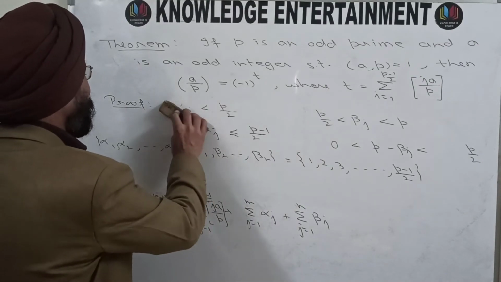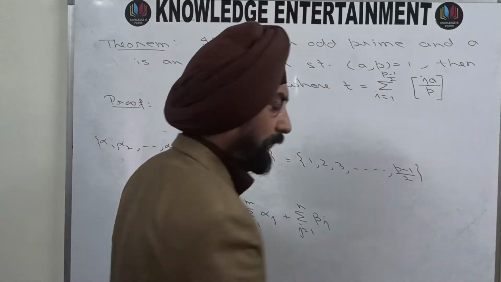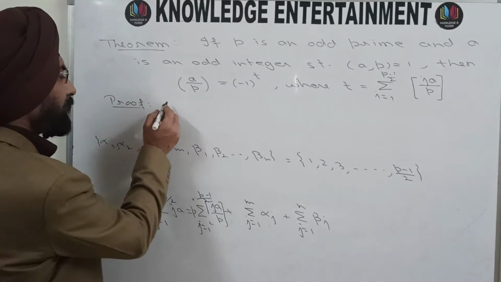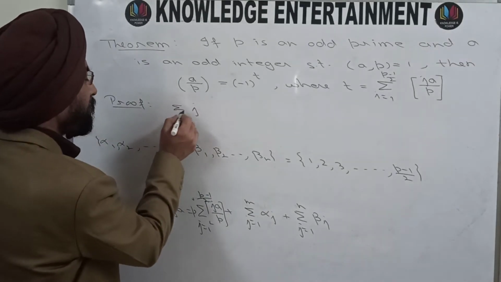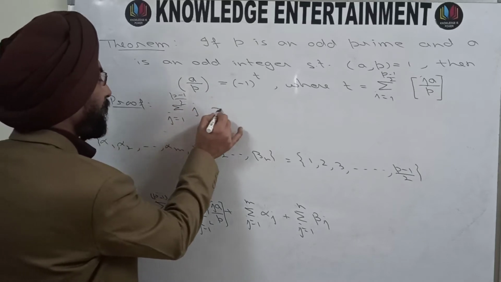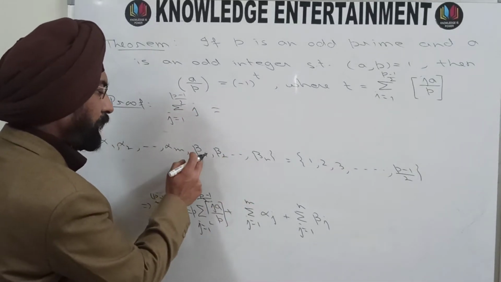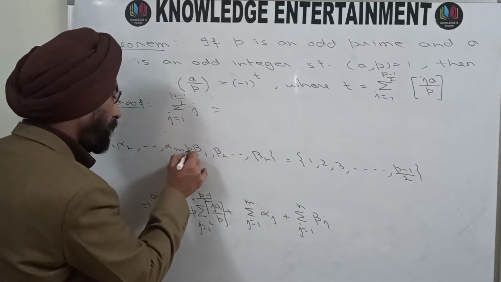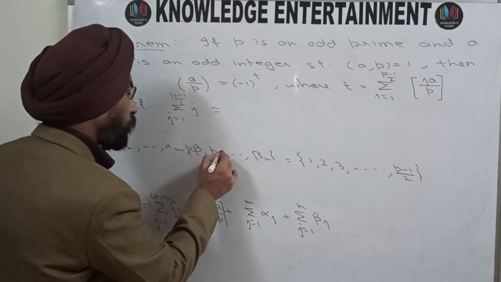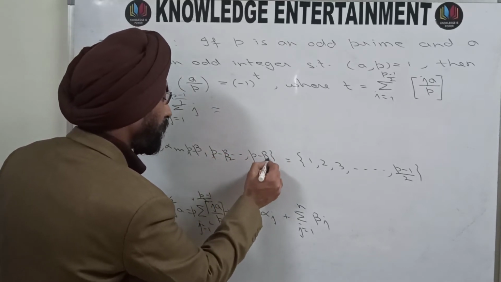Now, once again, adding both sides. First, I am going to add the right hand side. The right hand side is sigma j, j varying from 1 to (p minus 1) by 2. Here I have written beta 1, beta 2, beta n, sorry, I must have written p minus beta 1, p minus beta 2, and similarly p minus beta n.